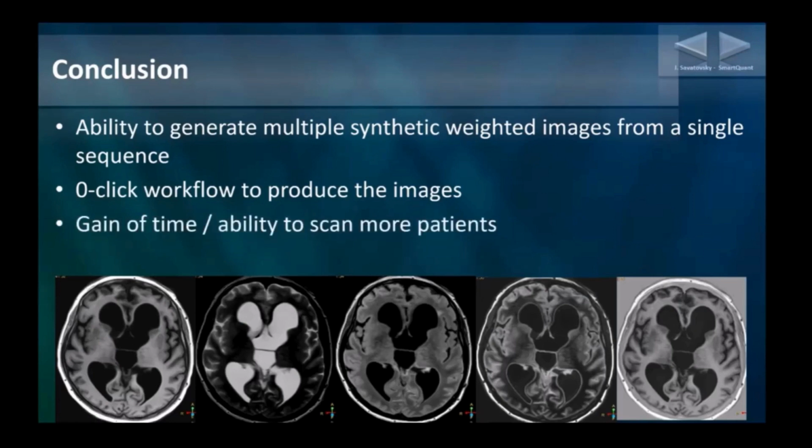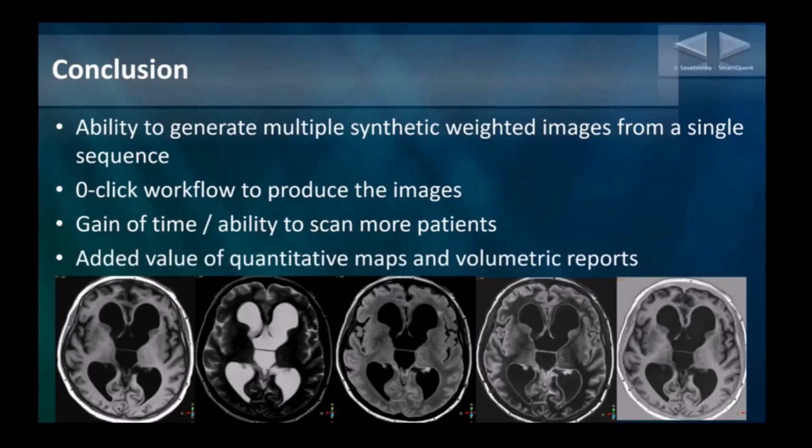So this gives us the potential to have a great gain of time in our acquisition protocol, which means less time in the device for the patient, so more comfort, but for us also the ability to scan more patients a day, which is quite important given the pressure of doing a lot of exams to raise more money with the lower income that we have per exam.